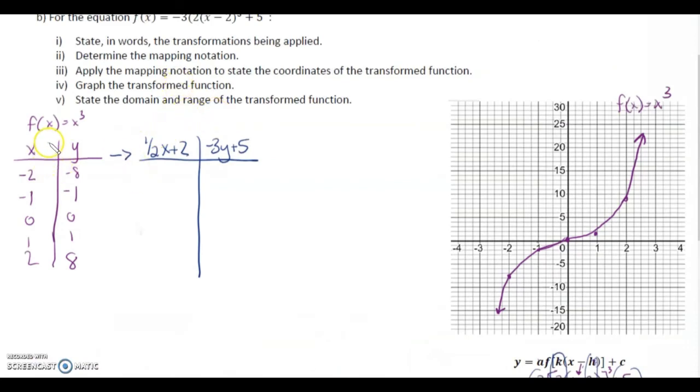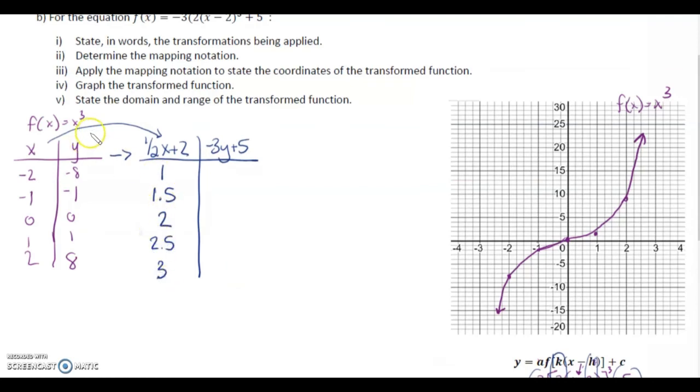And let's go ahead and sub in these x's to here. So half of negative 2 plus 2, negative 2 times 0.5 plus 2 is 1. Okay, negative 1 times 0.5 plus 2 is 1.5. Then we have 2. Then we have 2.5 and 3.